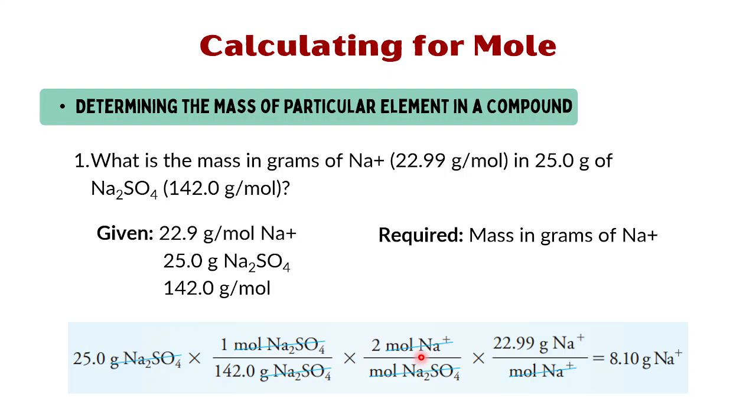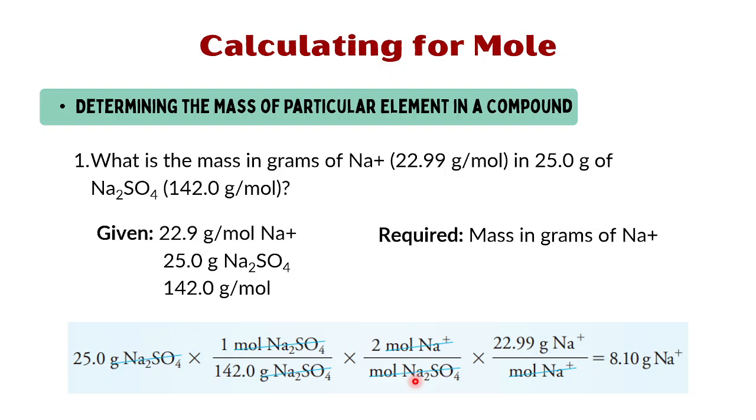So, that is its ratio. Now, with that ratio, our main goal, class, is to cancel out this unit of 1 mole that is in excess in the other variable. It is in the numerator. So, the mole of sodium sulfate should be in the denominator so that they can cancel out.